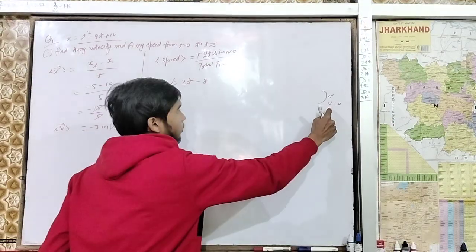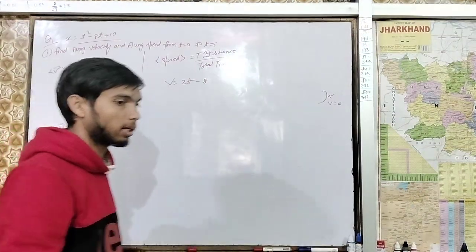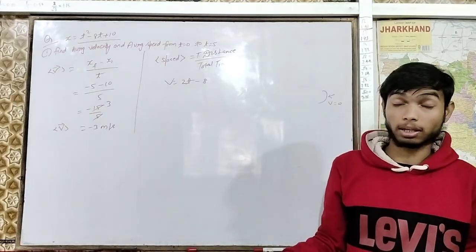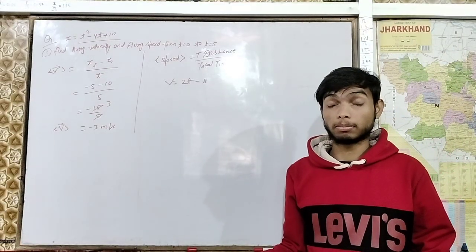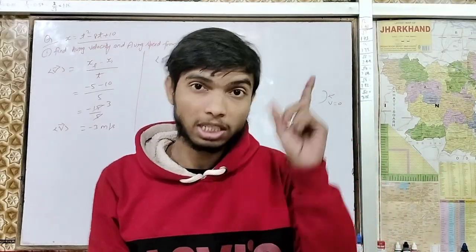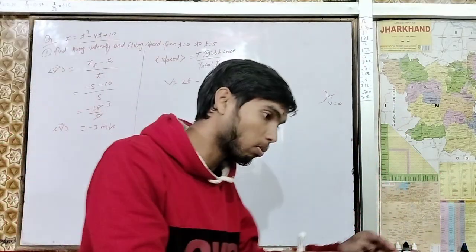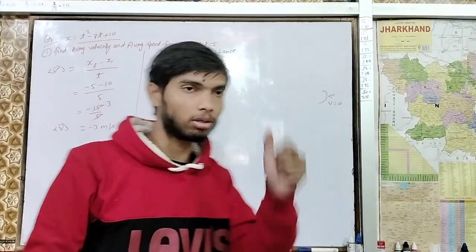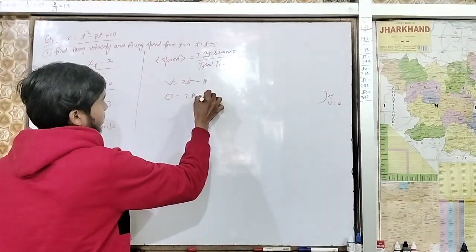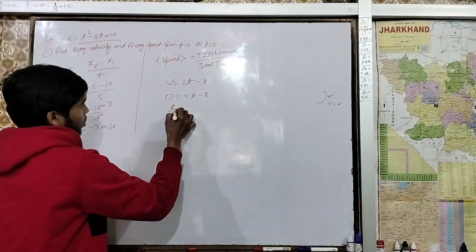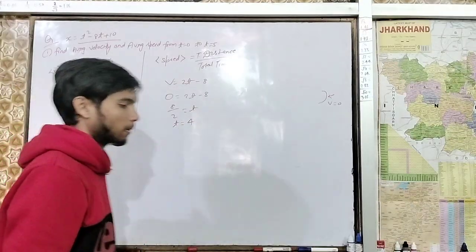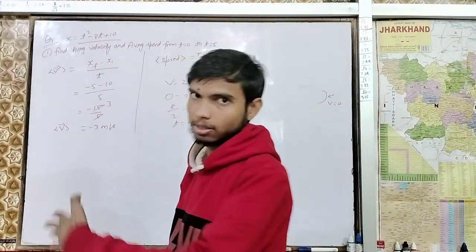When we substitute v as zero, we will get the value of t. This t means that at this particular time velocity is becoming zero, so at this point the object took a turn. So 2t minus 8 equals 0, 8 upon 2 is equal to t, so t is 4. At 4 seconds the object took a turn.